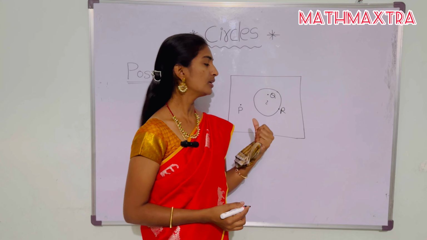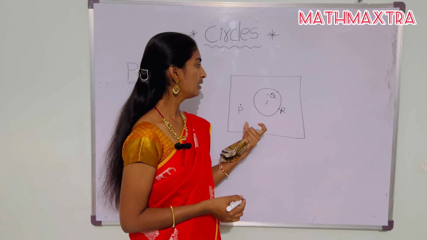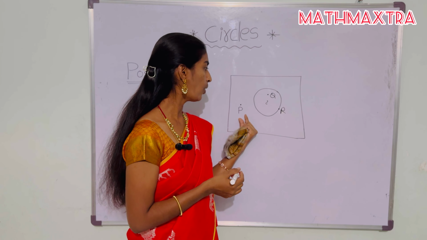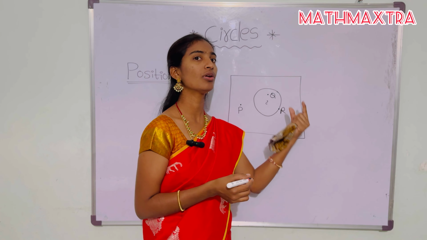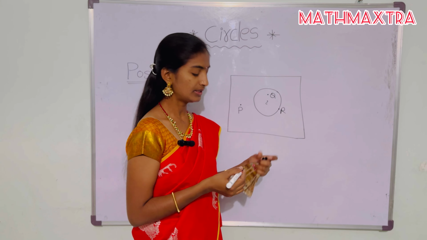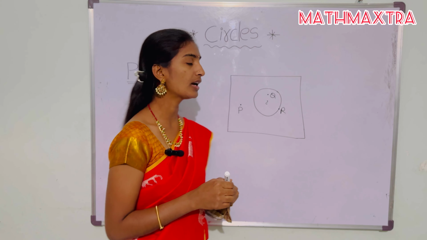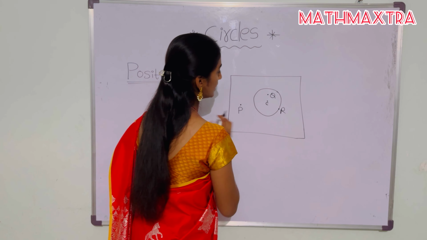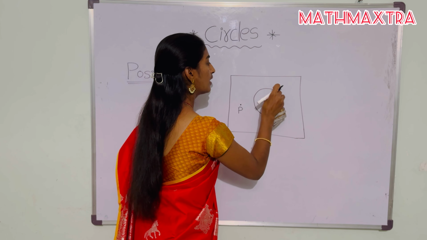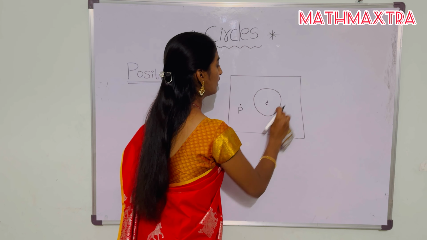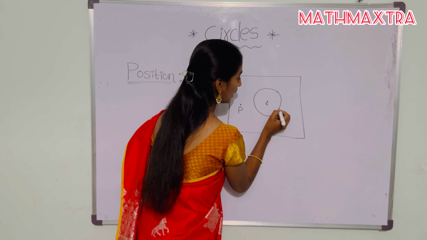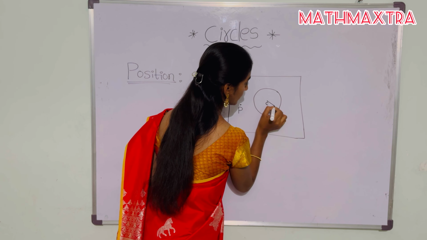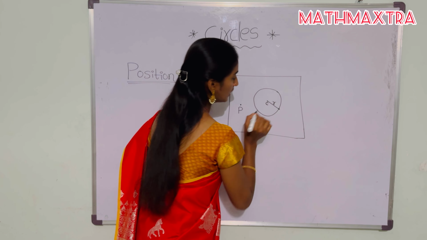Okay, but by only the given statements, how can we decide whether the point is exterior or interior on the circle? For that, we are considering a circle with center C, and this is the radius of the circle.